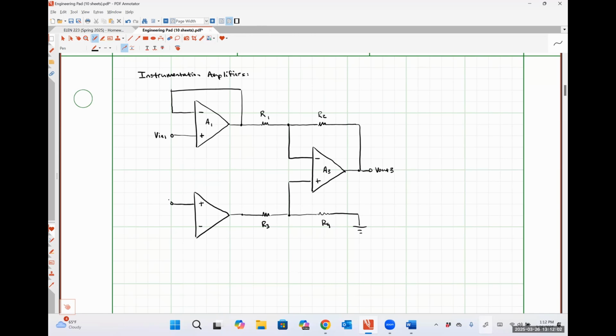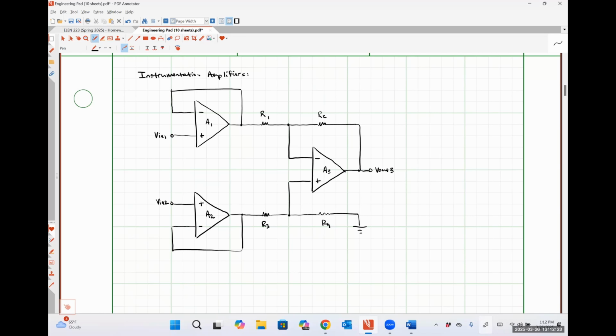I'm going to apply VN2 here, and I'm going to use negative feedback through literally just a wire to connect the inverting input of A2 to the output of A2, like so.